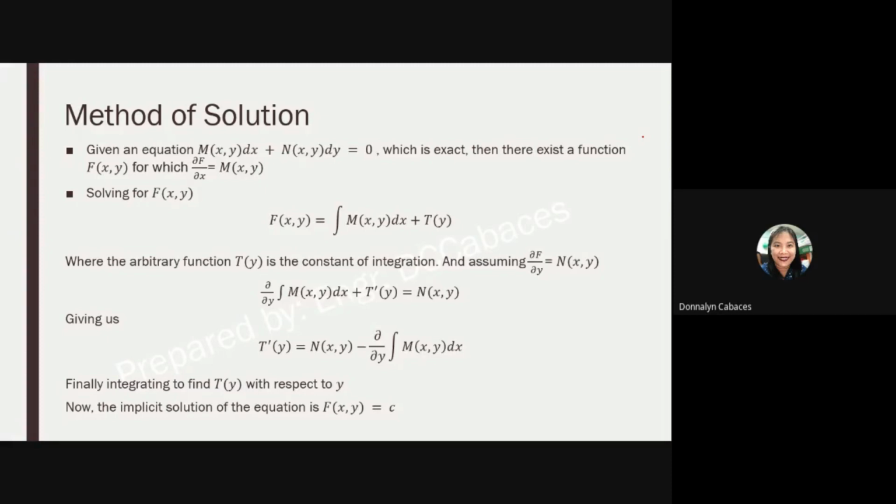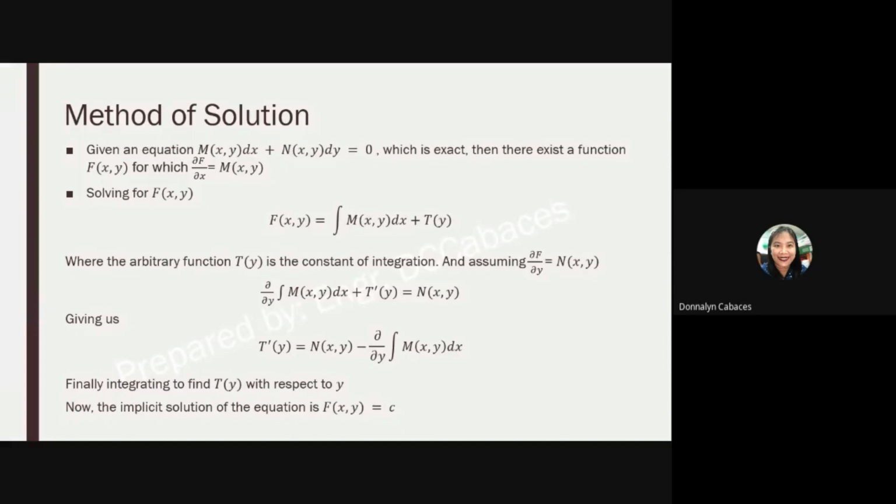The first one is you may use M, and the second is you may use N. So for this slide, you are to use M, in which the partial derivative of f with respect to x is equal to M as a function of x and y. And we are actually to solve for the solution, the function of x and y. This is what we are going to look for, the solution for that exact differential equation.